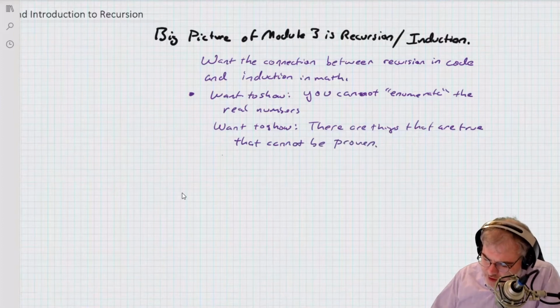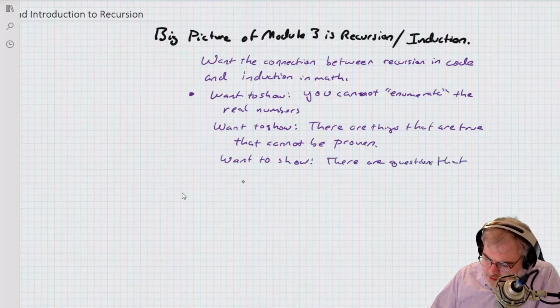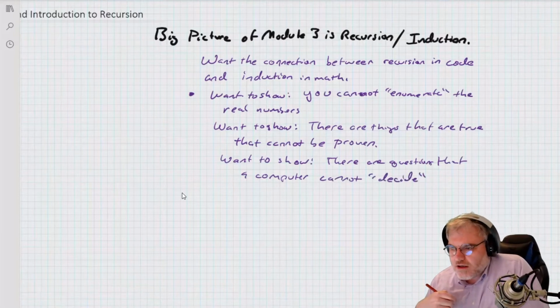And I want to show there are questions that a computer cannot decide.